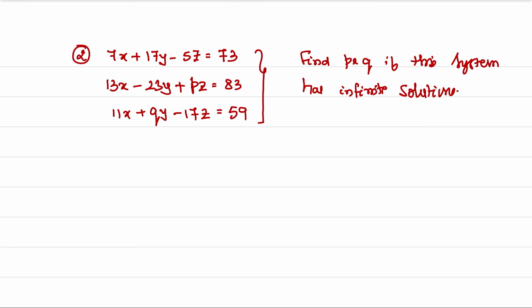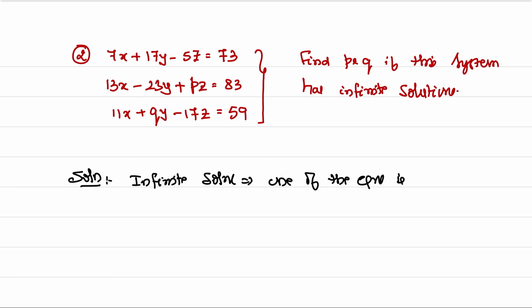For that, let us see. For infinite solutions, one of the equations is dependent on the other two, or a linear combination of the other two.